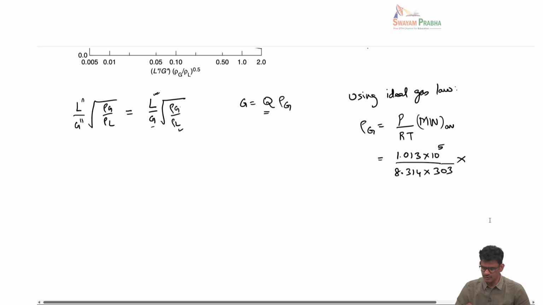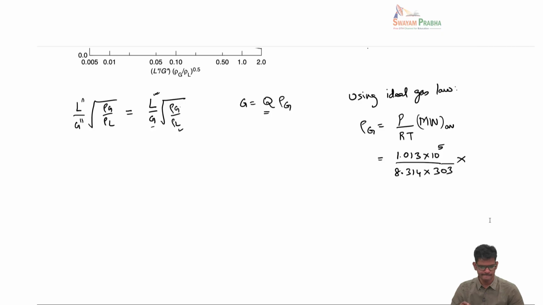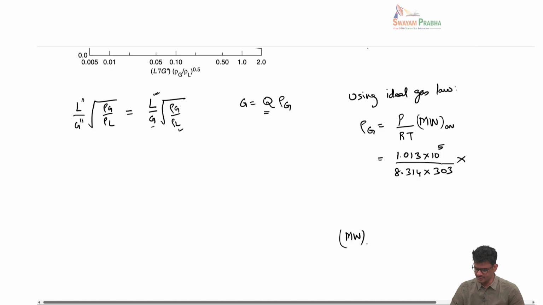And what about the average molecular weight? To calculate it, the gas has about 93% air, so I use the molecular weight of air, which is 29, times 93%, plus 7% of SO2 with its molecular weight 64.